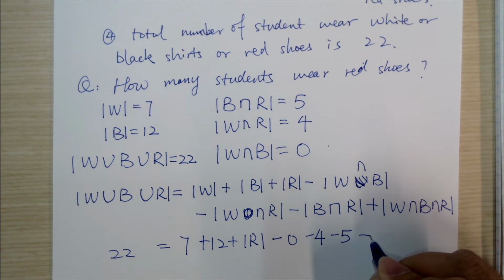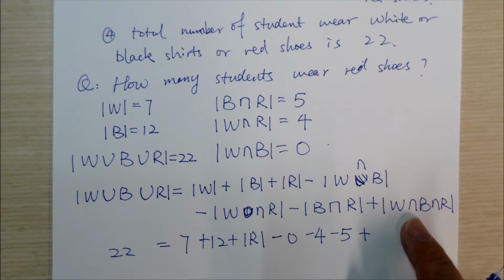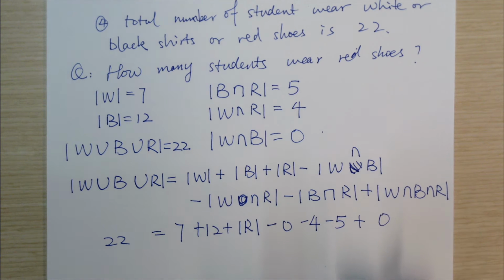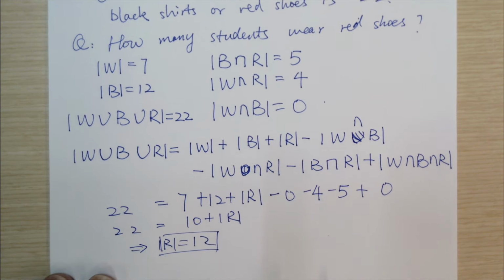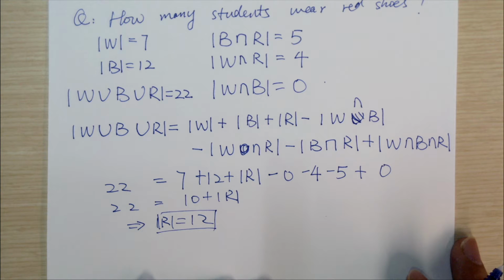And also, the intersection of W, R, and B, do you realize it's also 0, right? Because since W intersect B is already 0. So putting it all together, we have 22 equals 19 minus 9 plus R, so it's 10 plus R. So easily we can figure out that we have 12 students who wear red shoes. Okay, that's one way to do that.